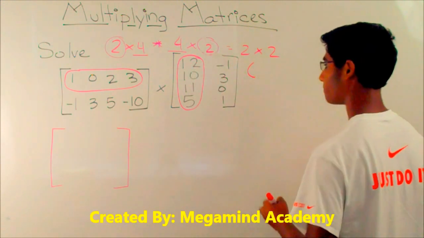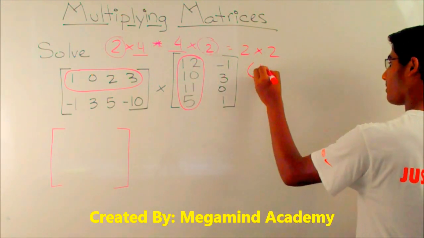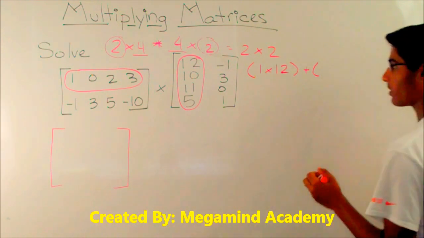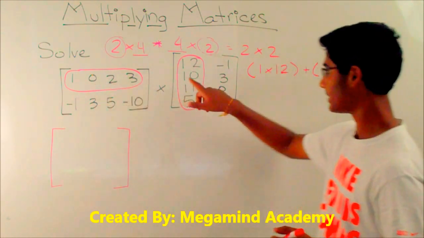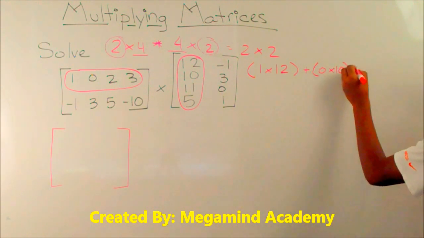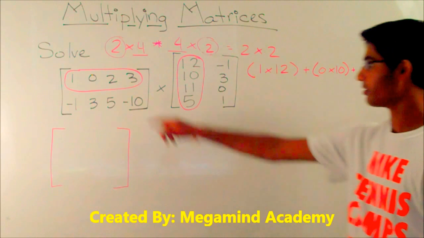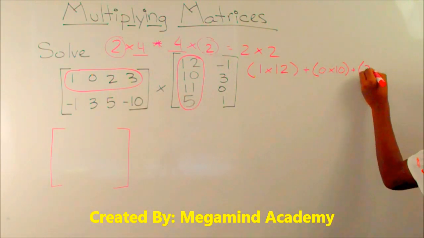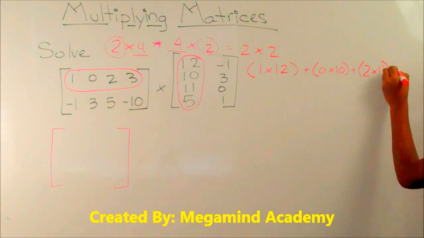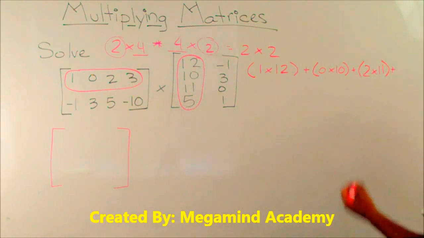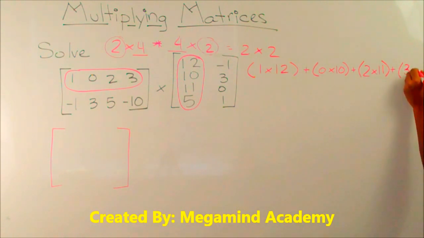first row here. So we have 1 times 12 plus the second multiplied with the second, 0 times 10, plus 2 times 11, plus the last one times the last one, 3 times 5.